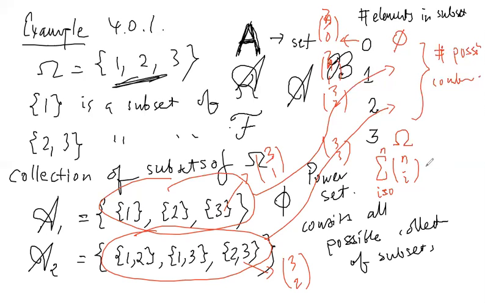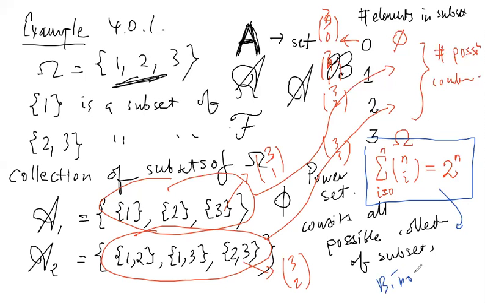I claim that in general, if you sum all of them, this is equal to 2 to the power of n. So your power set contains 2 to the power of n elements. This comes from the binomial theorem.